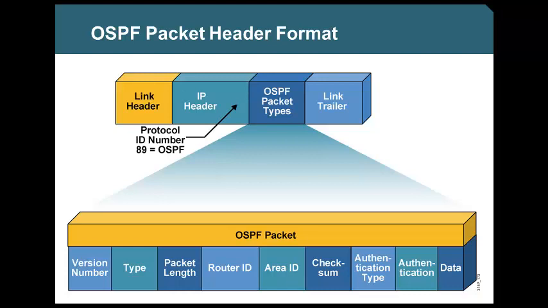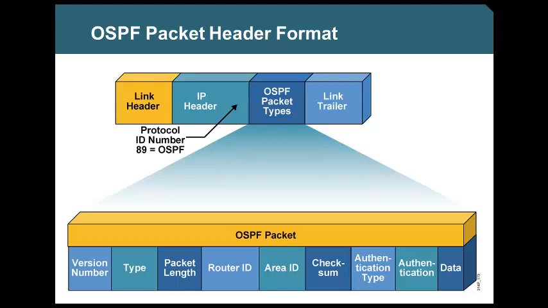In the OSPF packet layer 3 header, on the protocol field, you will see protocol ID number 89, which is OSPF, and you can see these fields inside that one protocol field.